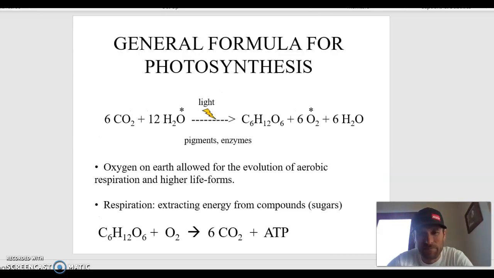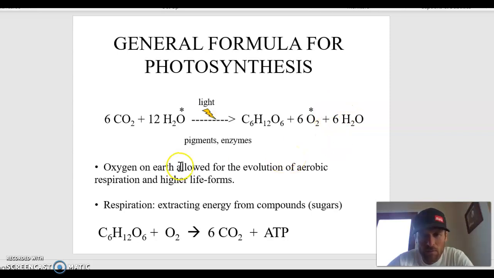Okay, here's our general formula for photosynthesis. We begin with carbon dioxide and water as the raw ingredients, and along with light to catalyze this reaction to energize it, we produce glucose, C6H12O6, oxygen, and also we produce water as a byproduct as well.